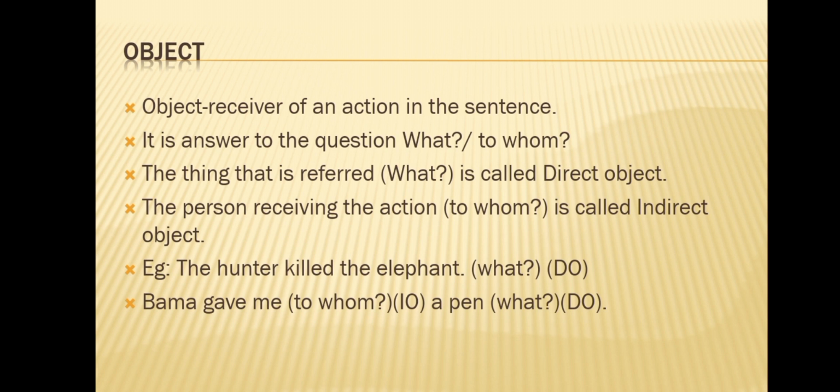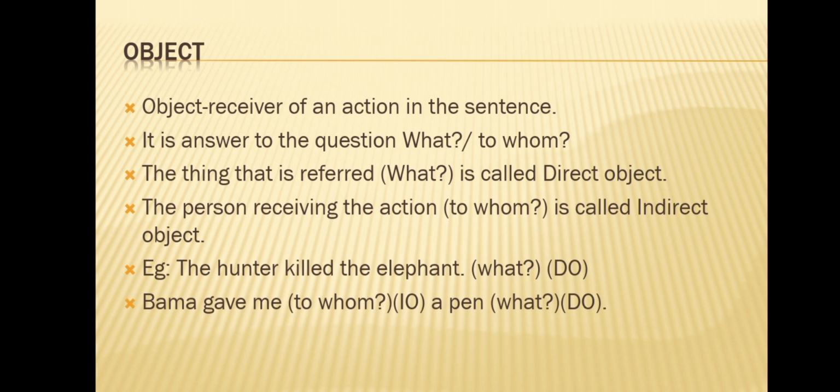So we can convert this into passive voice, so that we can find out that we have an object in this sentence. So this is a simple trick, a simple shortcut by converting into passive voice. If you can convert a sentence into passive voice, then the sentence has an object. If you can't convert a sentence into passive voice, then that sentence contains a complement.